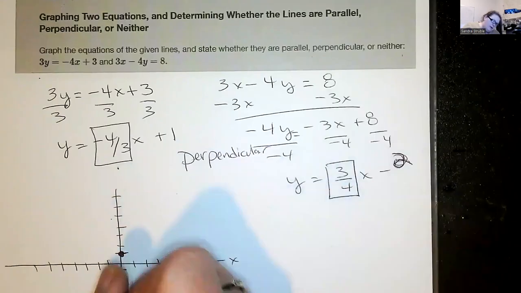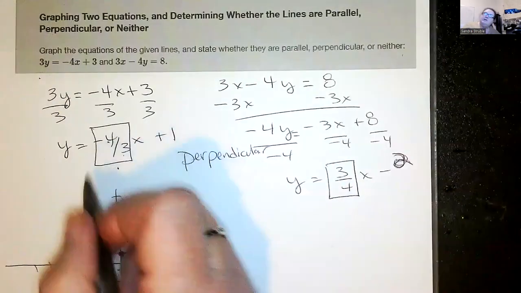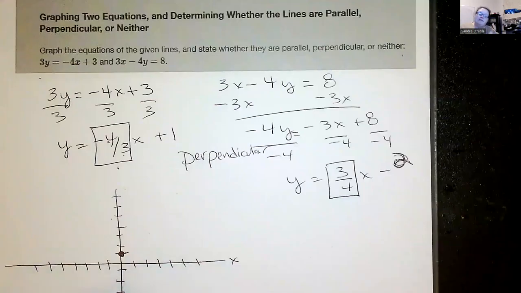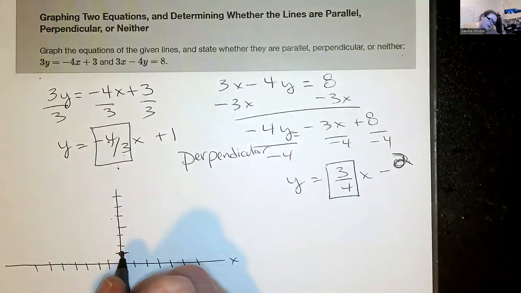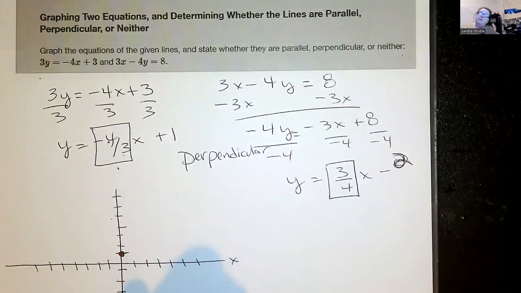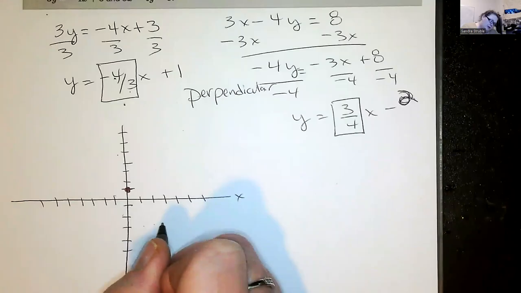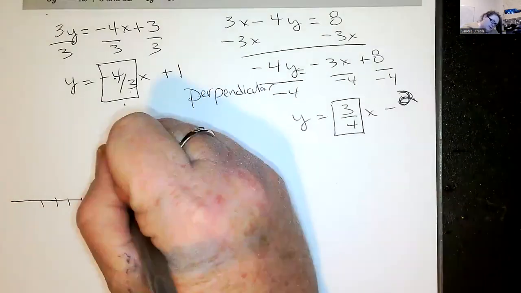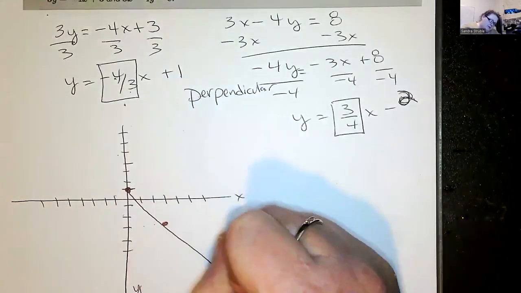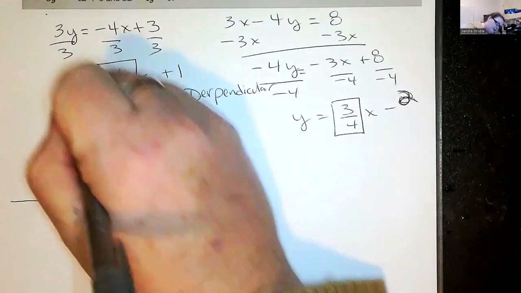From that point, I go down 4 and over 3 because it's rise over run, but my rise is negative. So from my y-intercept, I go down 4, 1, 2, 3, 4, and I always run to the right, and I'm going to run 3. 1, 2, 3, place my point, and there is the line, as straight as I can get it.